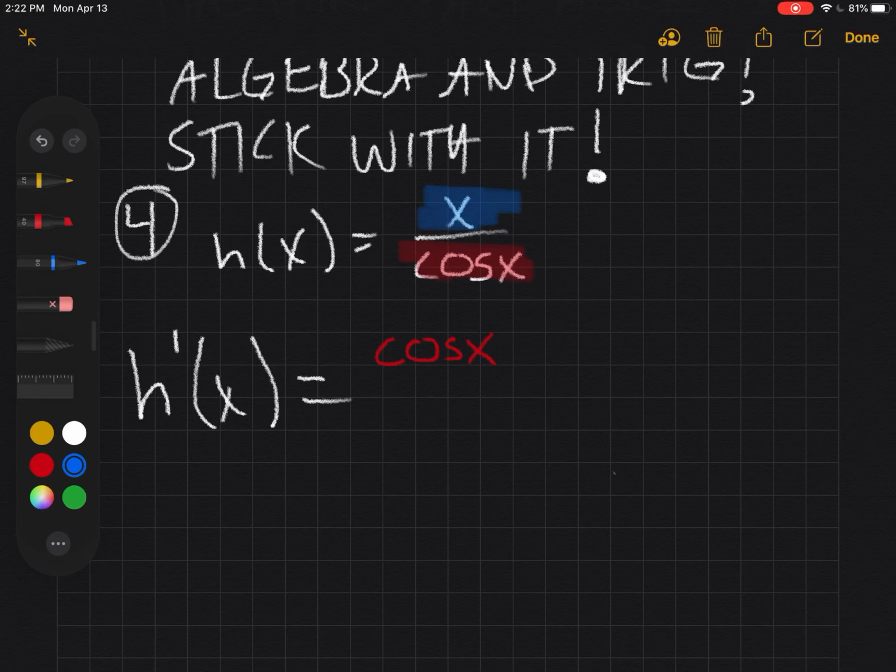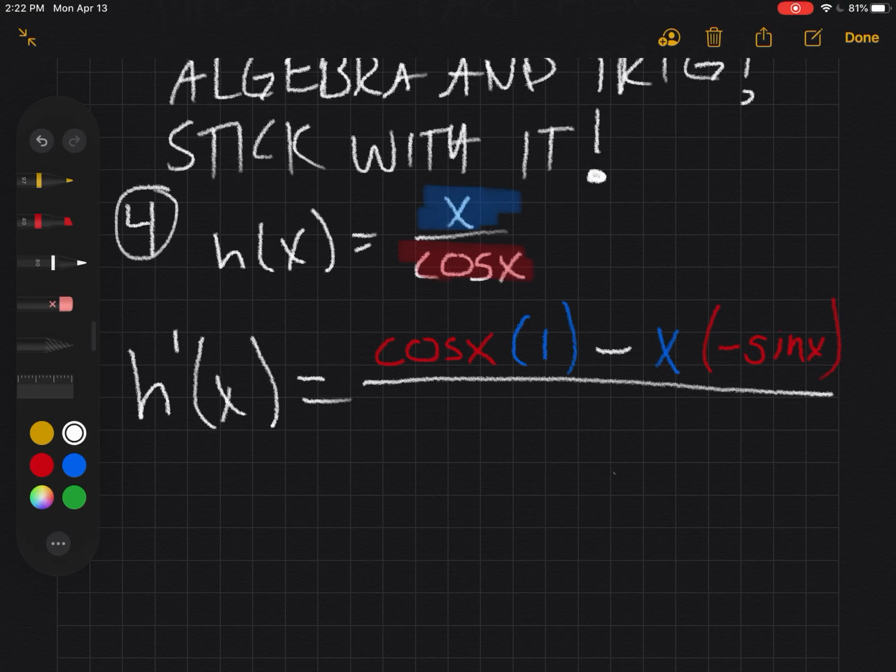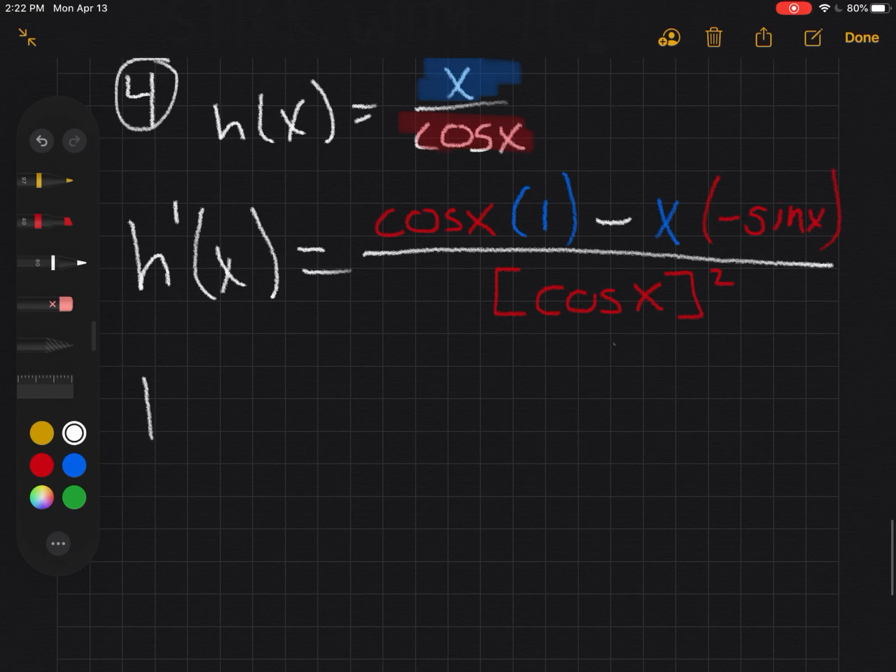And so the quotient rule says h prime of x is going to be equal to the function in red, cosine of x, times the derivative of the function in blue, which is just 1, subtract the function in blue, x, times the derivative of the function in red, which is negative sine x, and all divided by the function in red, quantity squared.